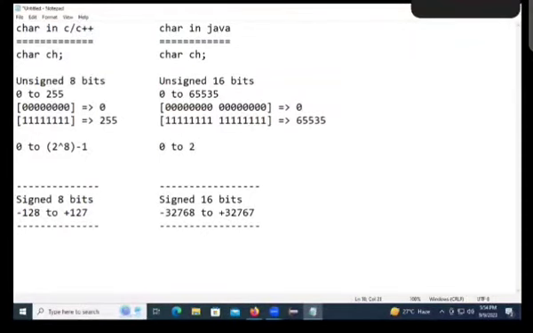And 0 to 2 to the power 16, which is 65536, minus 1.